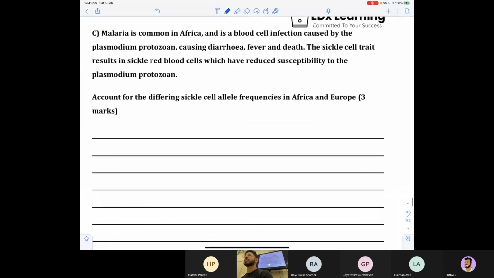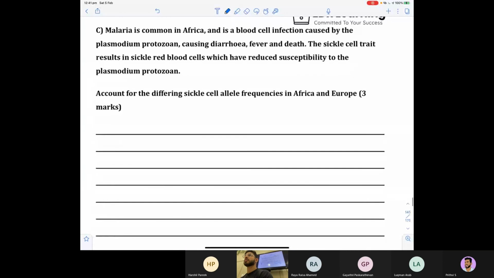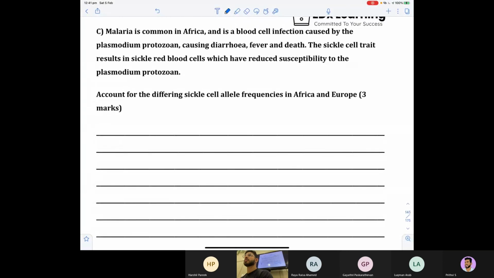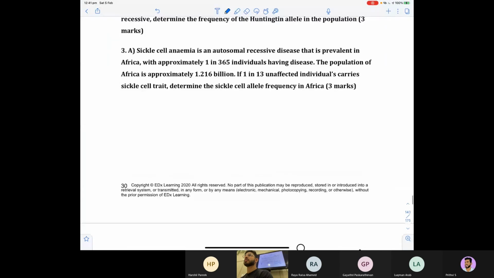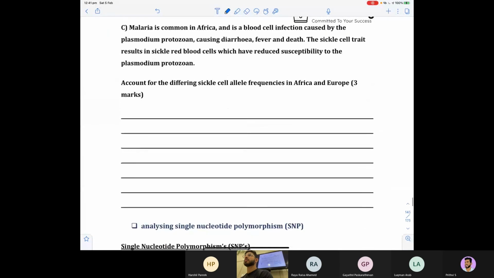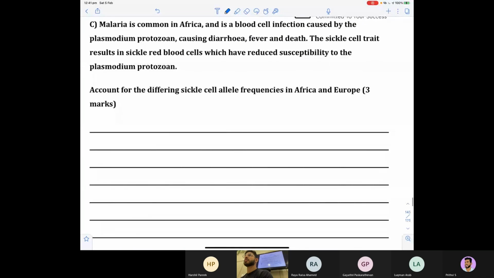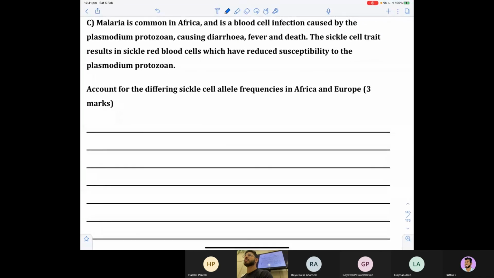This is a really good question, but I just want you all to think about this. You don't have to write an answer. Think and answer it to me. I want you to predict who has greater prevalence of sickle cell disease, Africa or Europe, and why?